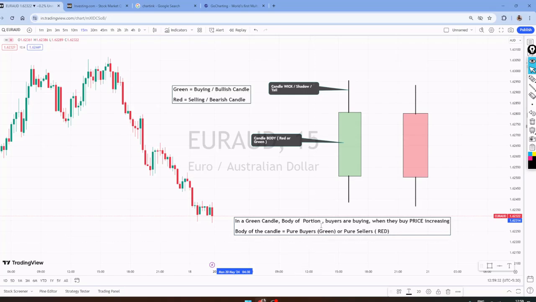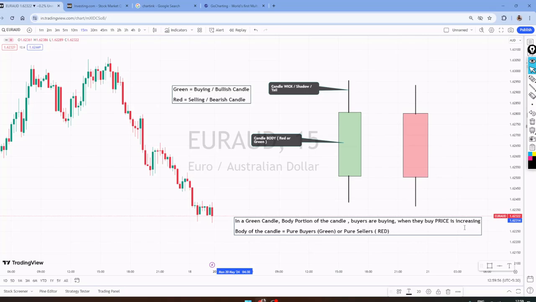Okay, in a green candle, body portion of the candle, buyers are buying. When they buy, price is increasing.